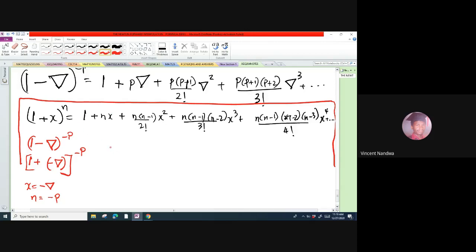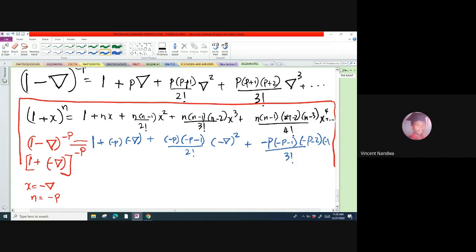So it means that then 1 minus backward raised power minus p will be given by 1 by definition, and then where this n we replace by minus p, where this x we replace by minus backward, and then plus where this n will be replaced by negative p, and then minus 1, where this is over 2 factorial, and then where this x will be replaced by negative backward squared, plus n replaced by minus p, this replaced by minus p minus 1, here replaced by minus p minus 2 over 3 factorial, and then minus backward raised power 3.